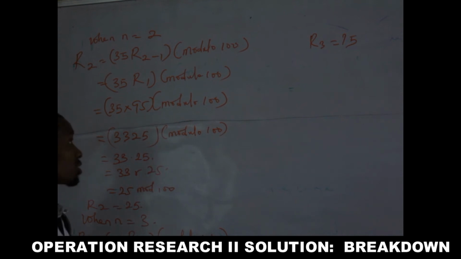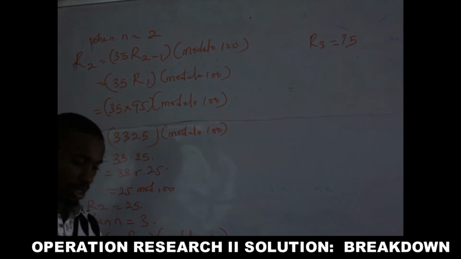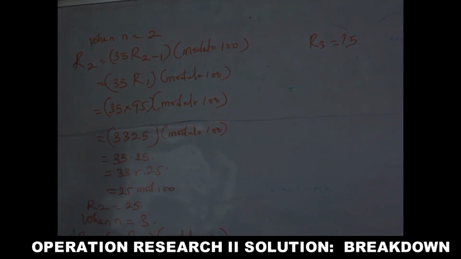Now the second part of the question says, using the mean square method, generate a 4-digit random number using 1, 2, 3, 4 as the start. Now we are given a starting point and told to use the mean square method.